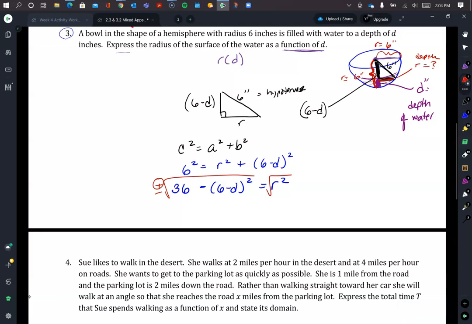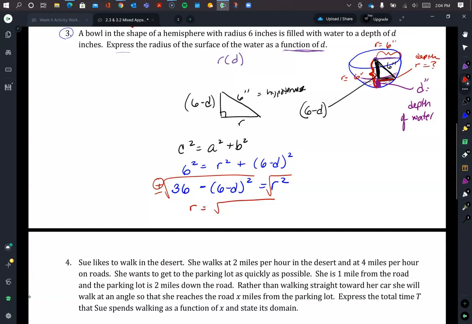I'm going to switch this around so the variable's on the left. And to clean it up a bit and make it look nicer, I think I will expand that out and then simplify it.